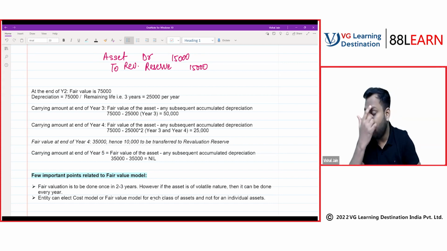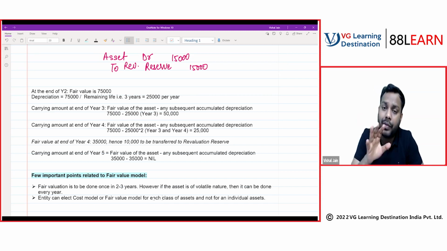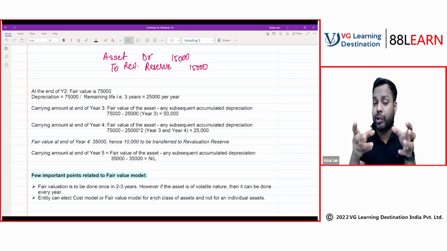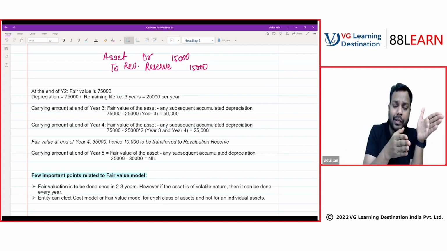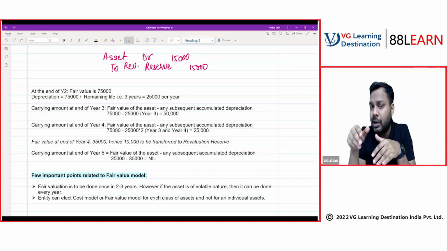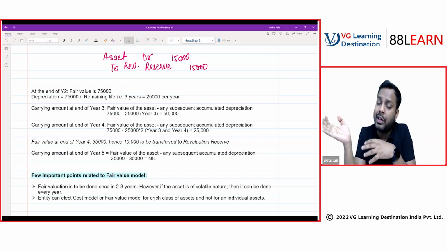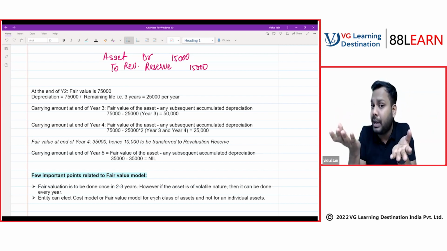But that was wrong. What you have to understand is, if there are multiple buildings, it can be the case that there are 3 classes of assets, and in all 3 classes there are buildings. But the class will be determined on the basis of use. Industrial building is one class. Office building is one class. A building given for rental to others is again one class, which is called investment property.